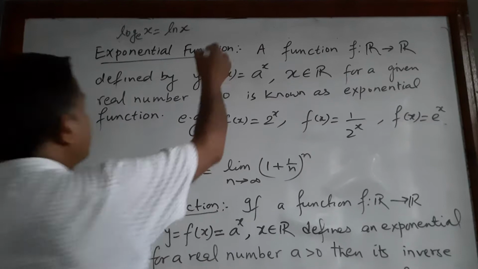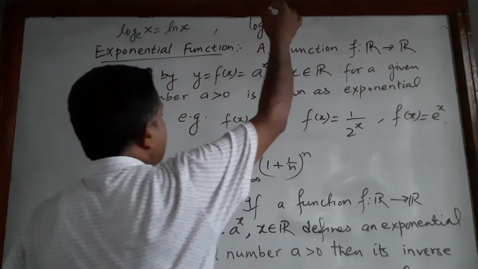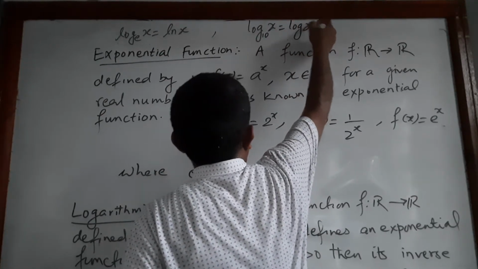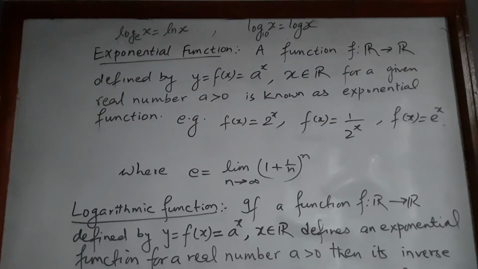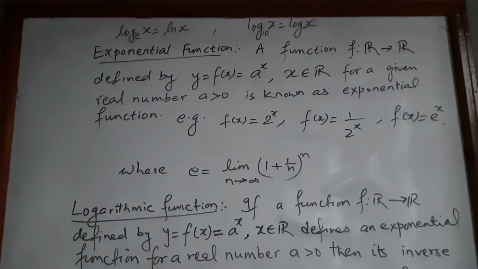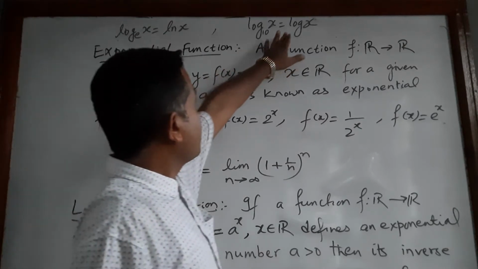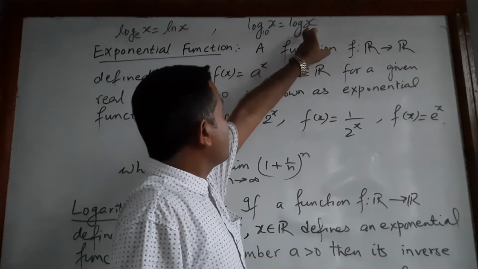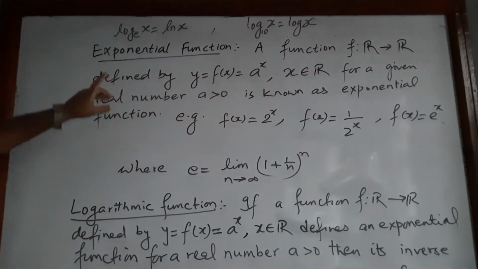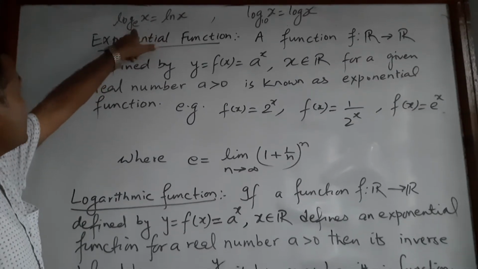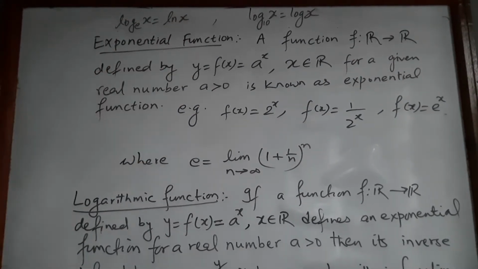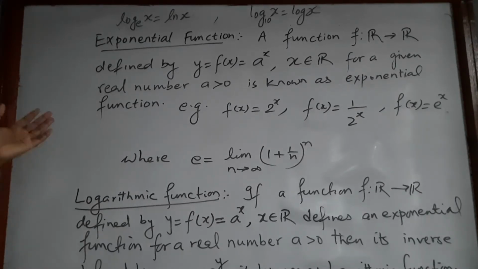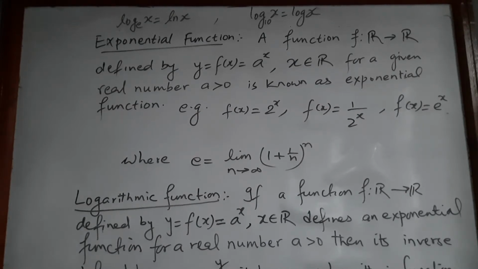Logarithm of any number with base 10 is simply written as log x in the calculator, but in books, if the base is not mentioned, log x means log with base e. In the calculator, log with base e is written as ln of x. So I hope that this knowledge of logarithmic functions and exponential functions is helpful to everybody.